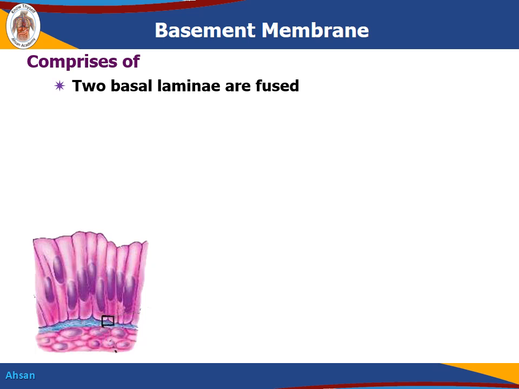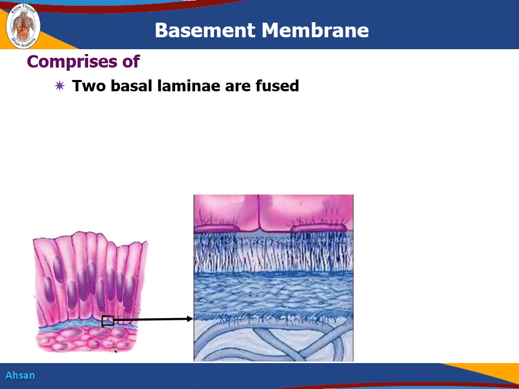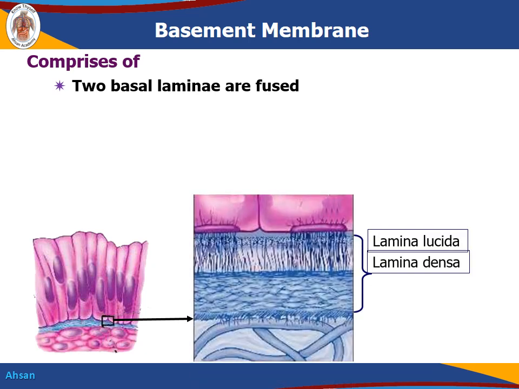The basement membrane consists of two similar layers of basal lamella, as shown here. The basal lamella comprises lamella lucida and lamella densa. Another basal lamella is similarly observed from the epithelium on the other side.